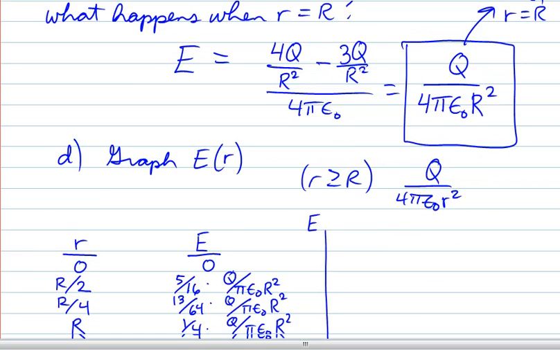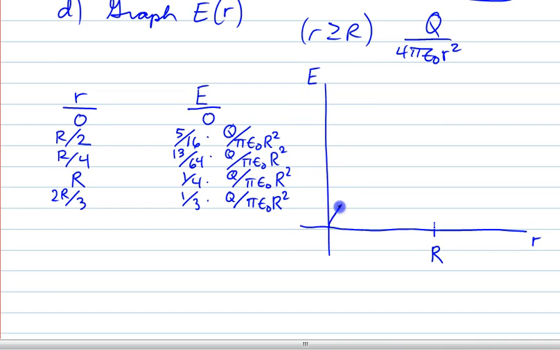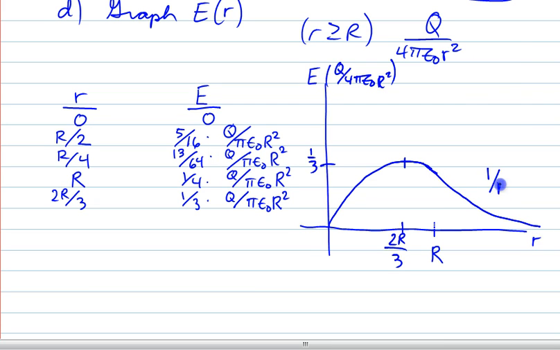So at the beginning we're looking at a piece of a parabola, and it actually starts going down a bit when you get to big R. The maximum, which we'll show a bit later on, occurs at 2R over 3 and has a value of 1/3 if we put this in terms of Q over 4 pi epsilon naught R squared. Then we can see this provides a nice transition to a 1 over R squared relationship.